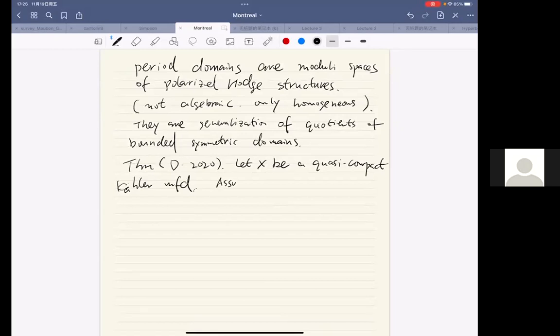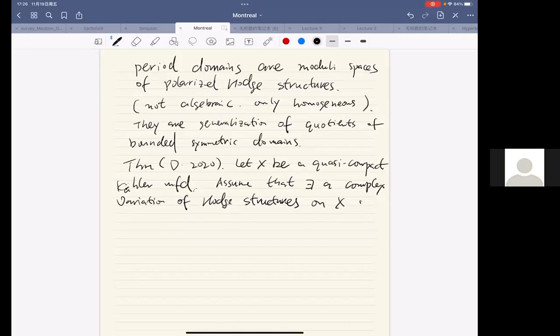So assume that there is a complex variation of Hodge structures on X. This means that there is a family of Hodge structures parameterized by X, in some special way.